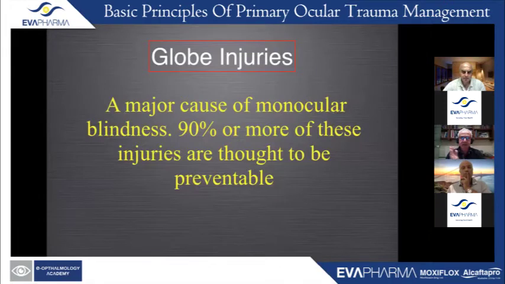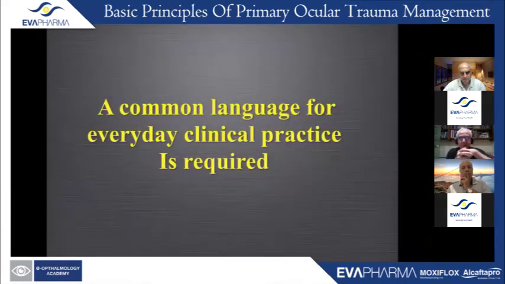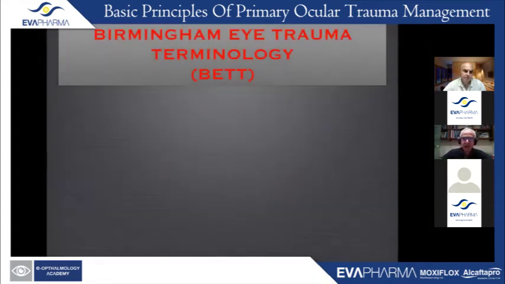We know that globe injuries are a very important cause of blindness, and many of these injuries, unfortunately, can be prevented. We lacked a common language for many years, and now we have the Birmingham Eye Trauma Terminology, called the BET language.